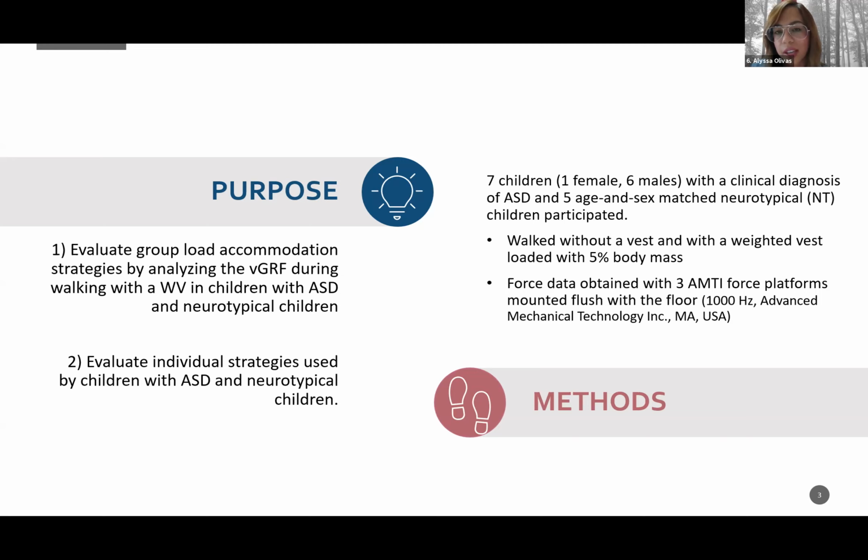For the study, I had 7 children with autism and 5 age and sex matched neurotypical children that participated. They walked without a weighted vest, and then they walked with the weighted vest that had 5% body mass distributed evenly, anteriorly and posteriorly. And as they walked, force data was obtained with 3 AMTI force plates.